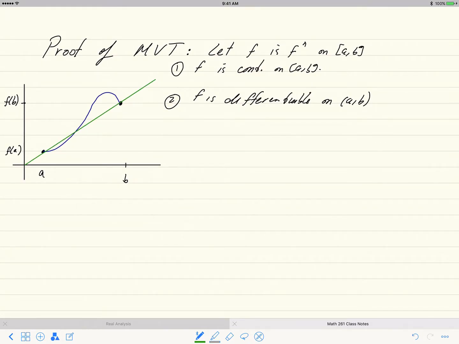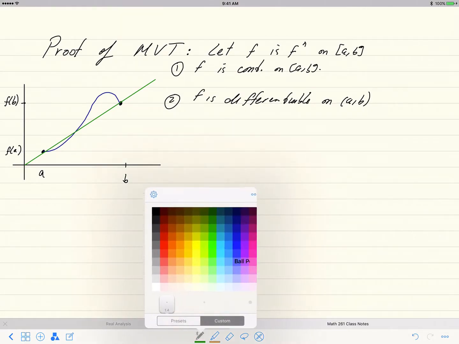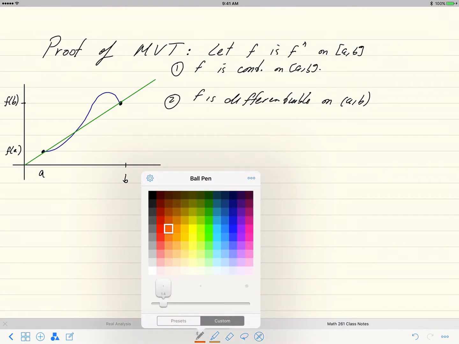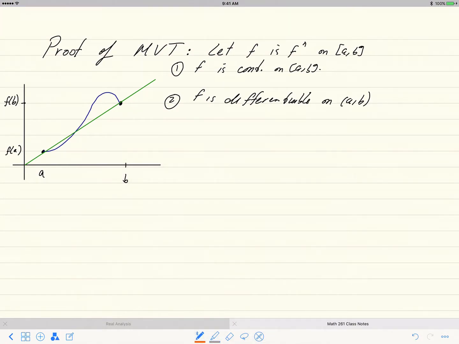Okay, and if I look very carefully here, maybe I can locate the point on the graph that has a tangent line that is parallel to the secant line. I think that's where it is.